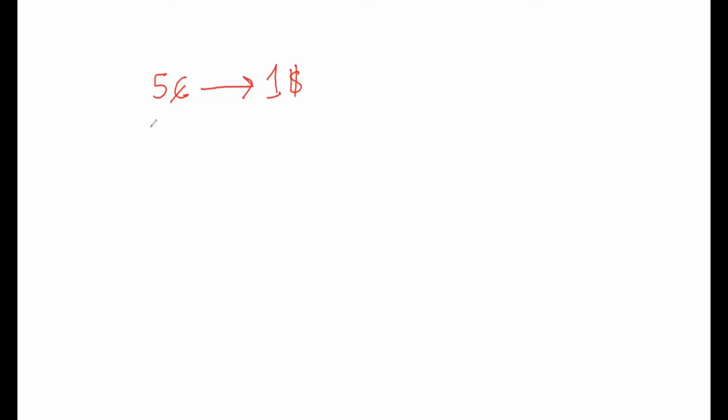All right. So that means that how much you think you're going to pay for $450,000? So all you need to do is call this X. Remember that 5 cents is 0.05. Okay. All right.